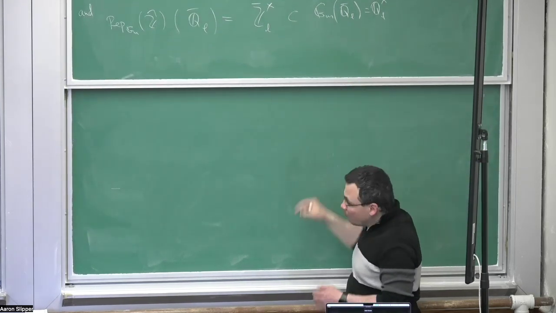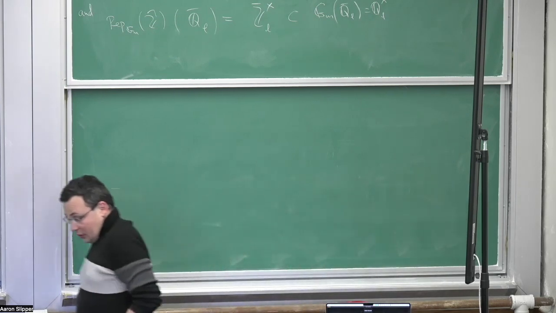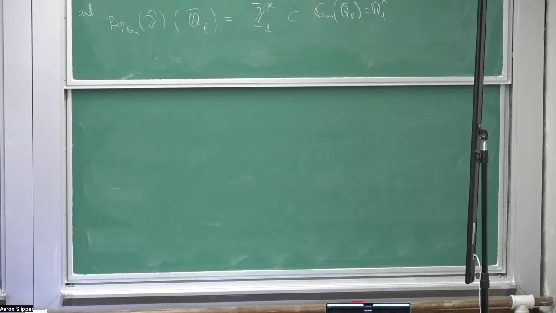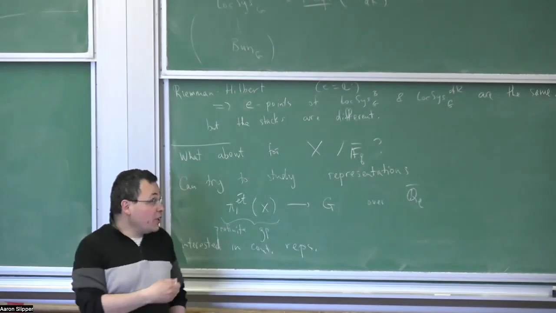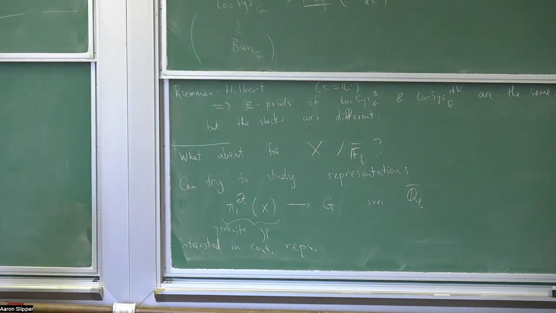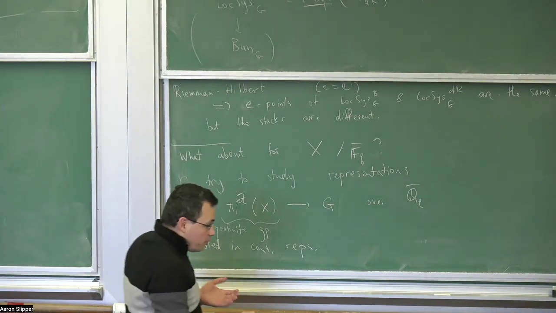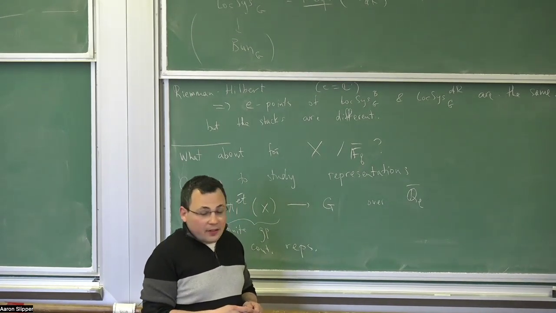So this is sort of where things stood before this. This was the main obstruction to trying to build a reasonable parameter space of local systems. Okay, what is the problem?